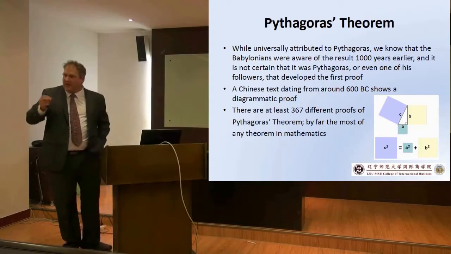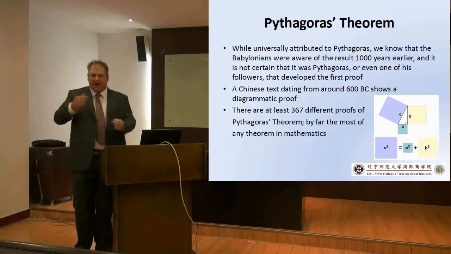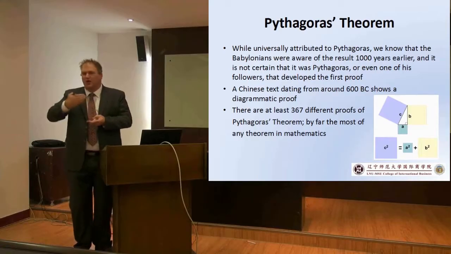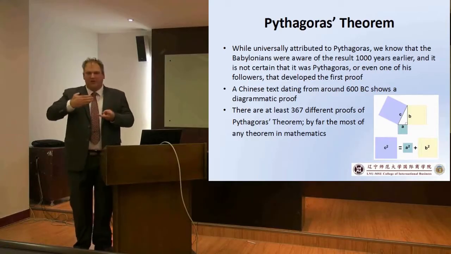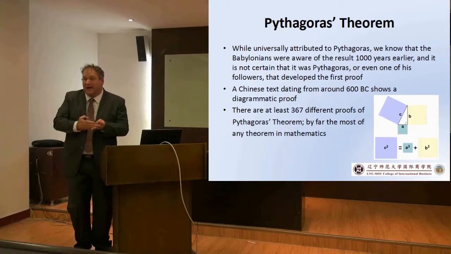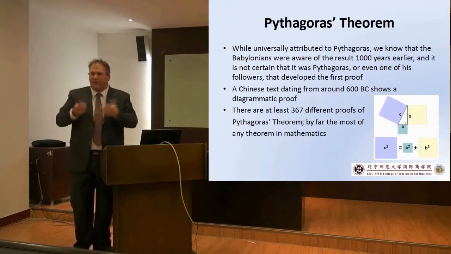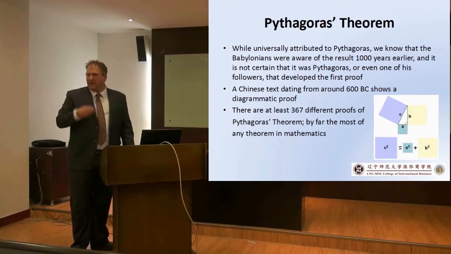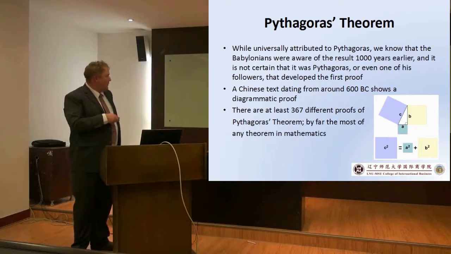But it's devastating because you use it for everything, including engineering, trigonometry, Euclidean algebra, higher dimensional algebra. It's used everywhere. It's probably the most used theorem in the world. Simple, but extremely useful.